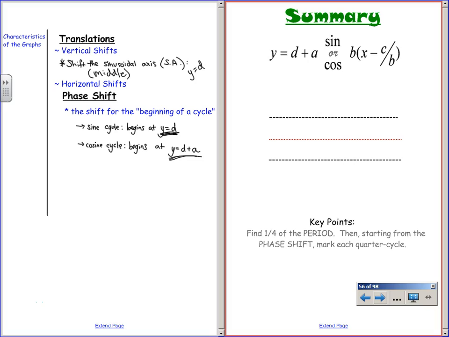So let's use all this stuff to try to figure out, okay, what are we doing? We're going to come back to this picture, and I'm going to show you how it works, don't worry. Basically, if I can get you the middle line, D, and the top line of how high this goes, plus a, and technically the bottom of how low this wave goes, minus a. So we end up at y equals d minus a, and y equals d plus a.